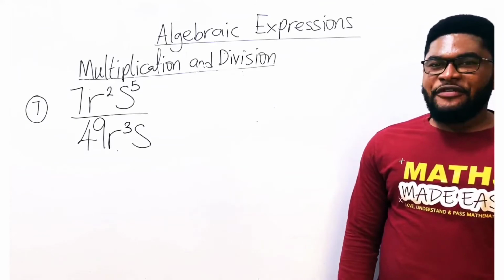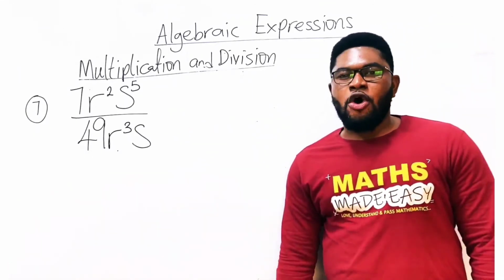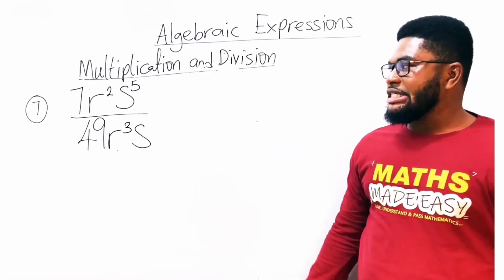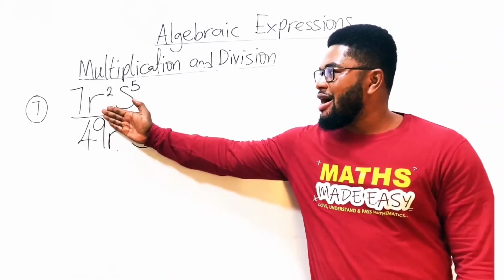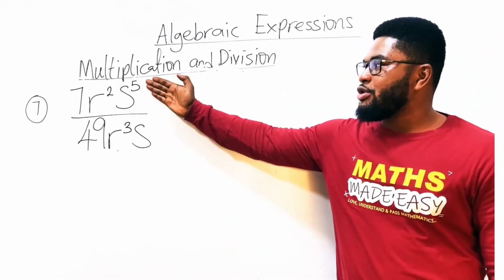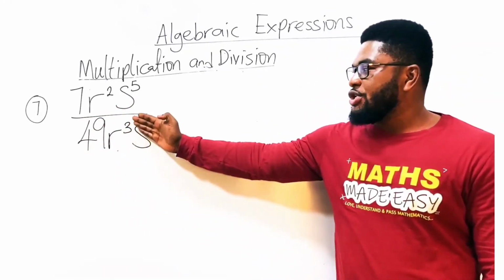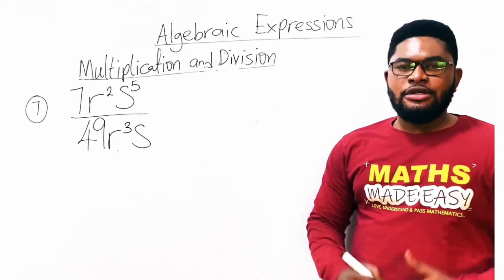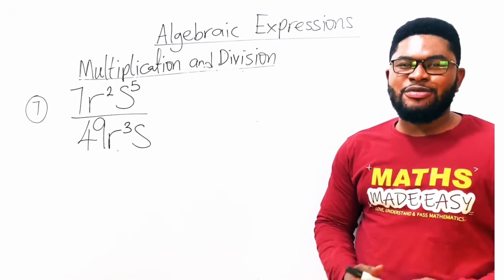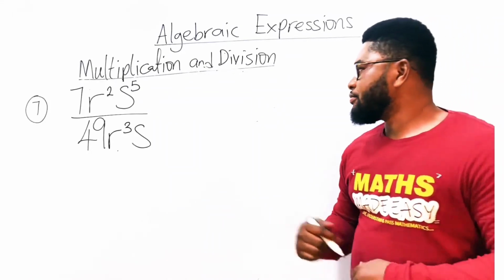Now let's take the final example under the division of algebraic expression. The question says simplify 7r squared s raised to the power 5, all divided by 49r raised to the power 3s. Still, let's use the cancellation method to make it easy.